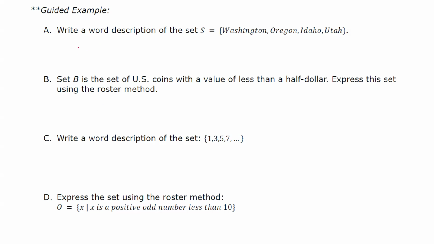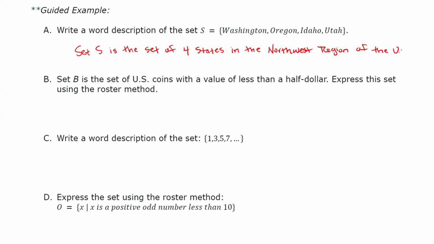Well, a word description would be something like the set S is the set of 4 states in the Northwest region of the US. Okay, because Washington, Oregon, Idaho, and Utah are all in the Northwest region of the US.